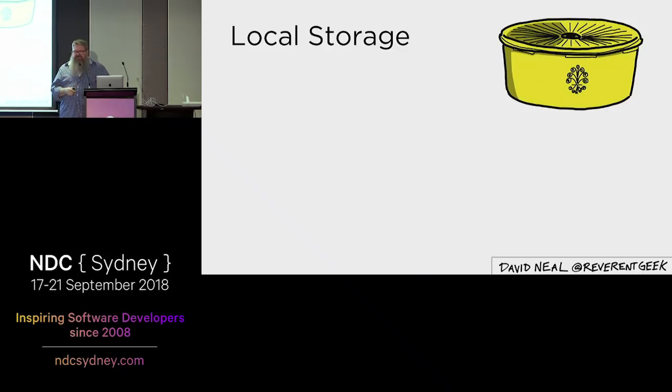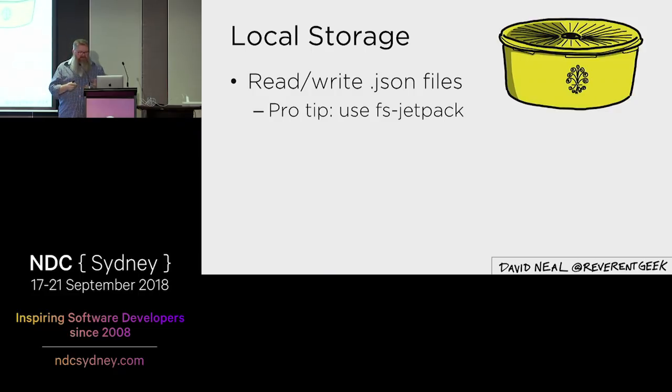A question I get asked a lot is, what about local storage, or what about dealing with databases and so forth? So on local storage, because it's Node.js, you can certainly read and write JSON files. I recommend something like FS Jetpack or FS Extra that makes it even easier to read and write JavaScript objects to JSON files.